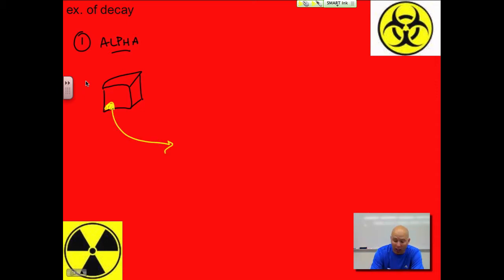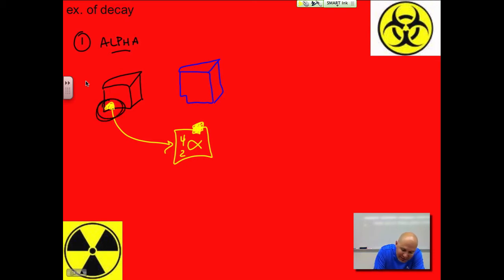Now that chunk could be the alpha particle. And so if the alpha particle, here it is, that little yellow chunk shooting off, then what we have afterwards is a new substance that's lost that little chunk.